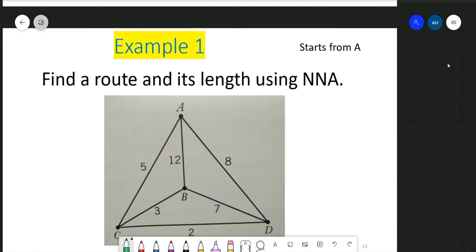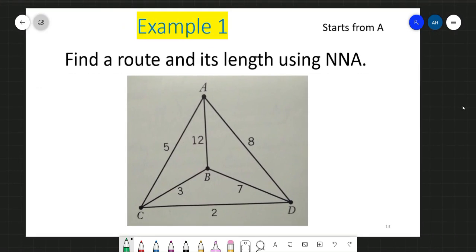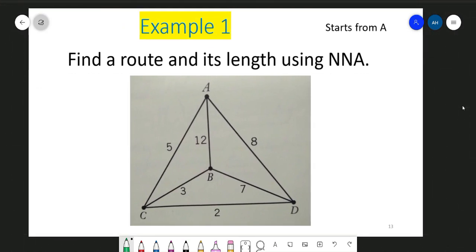Now let's see. We can start with this example to understand the process of solving the traveling salesman problem using the nearest neighbor algorithm. Here in this case, we have four vertices, A, B, C, and D, and each edge has an assigned value.